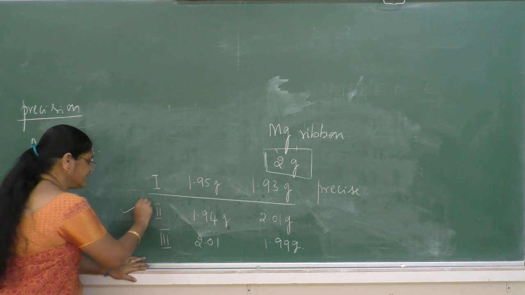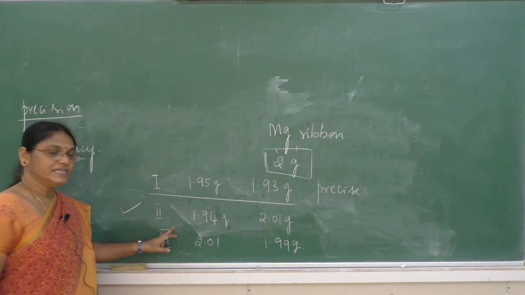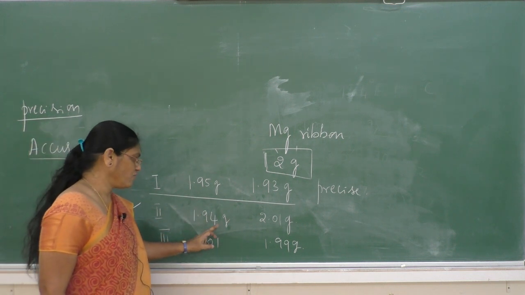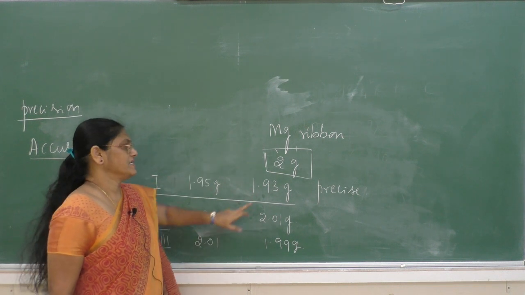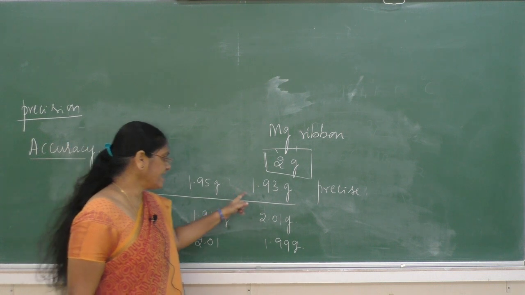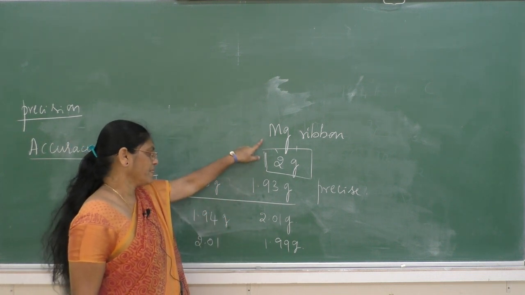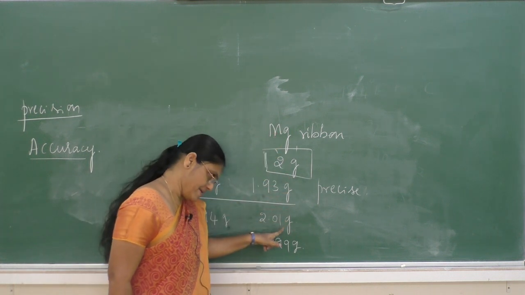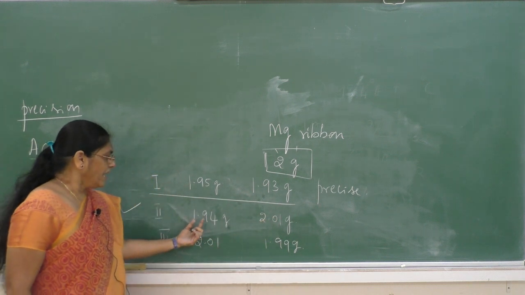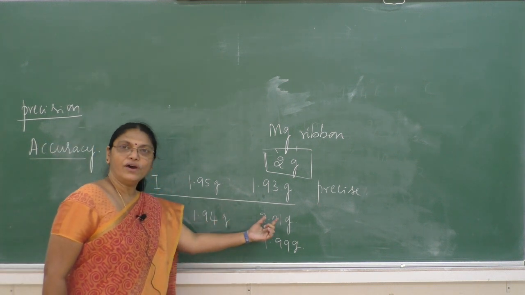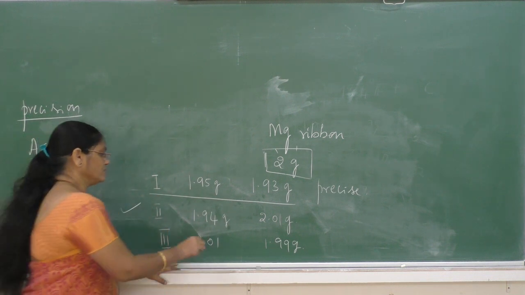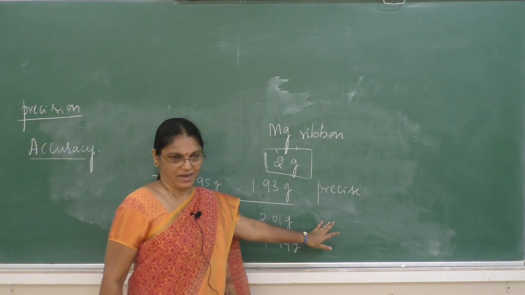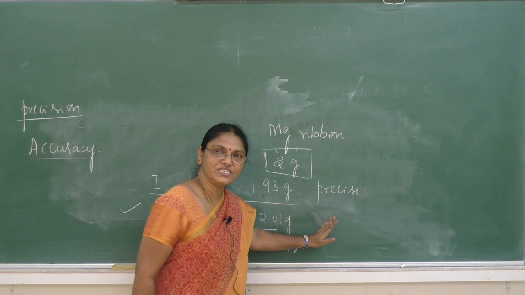Next, coming to the second student's measurements. The second student reports in the first measurement 1.94 grams as the mass of the magnesium ribbon, and in the second measurement 2.01 grams. So tell me, are they precise or accurate? These two are neither precise nor accurate.